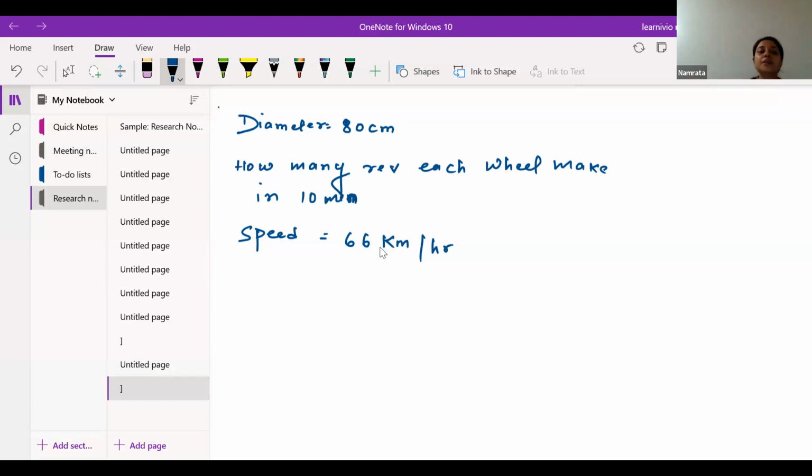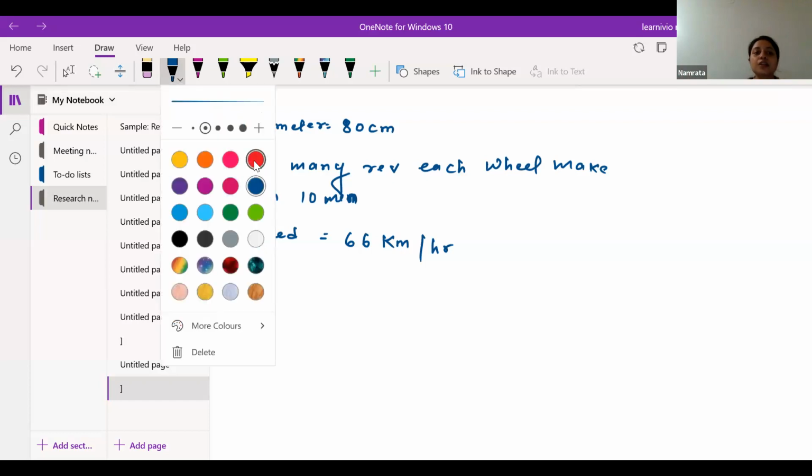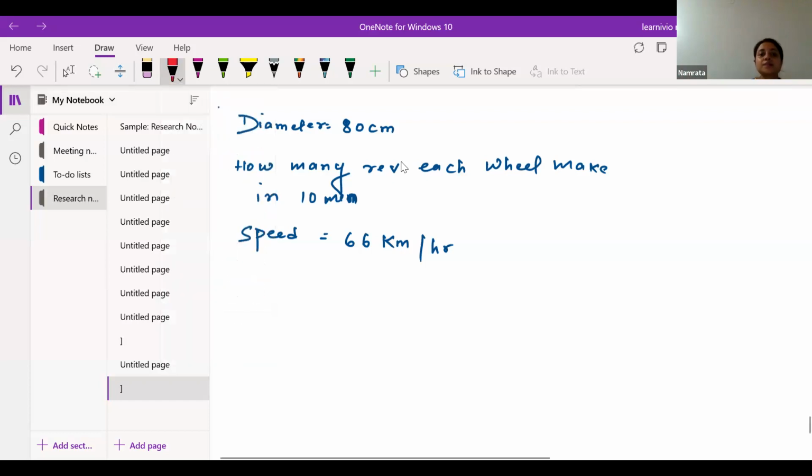We know the diameter of the wheel. So easily we can take out the radius of the wheel, right? That is 80 over 2. That means 40 centimeter is the radius, right? We have to find how many revolution the car will make in 10 minutes.